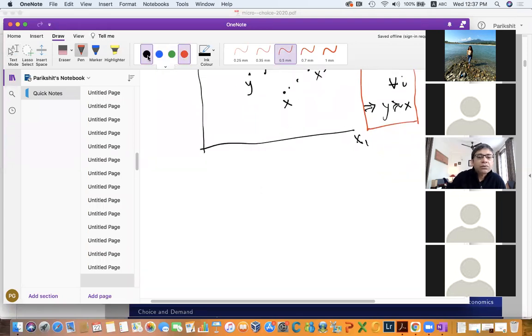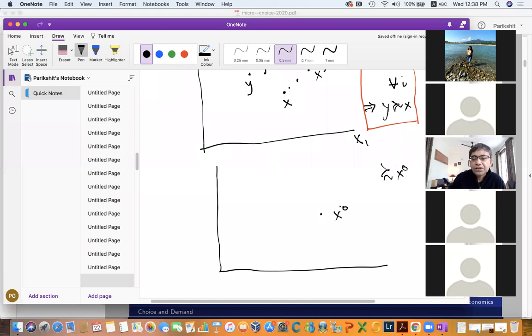Now, this is also equivalent to, and I won't prove this, this axiom can also be stated differently in the following manner. Let me define a set, the weakly preferred set. So I'll look at a reference bundle. Let's call it X0. What is this set? This set is the set of all points which are weakly preferred to X0.